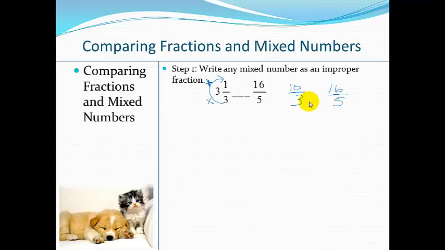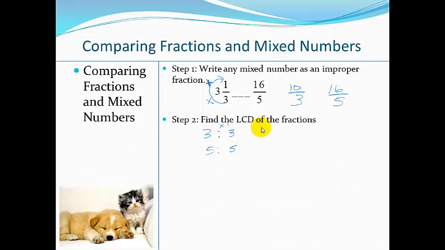Remember, I'm trying to figure out which one is greater. So again, I have to find my least common denominator. I'm going to write out the 3 and the 5, and I get my freebie. Yay, we get a freebie. Times 1, that's 3 and that's 5.